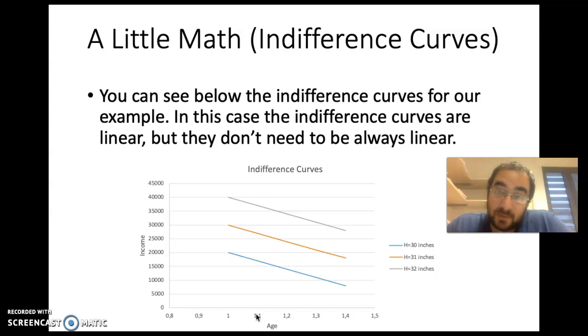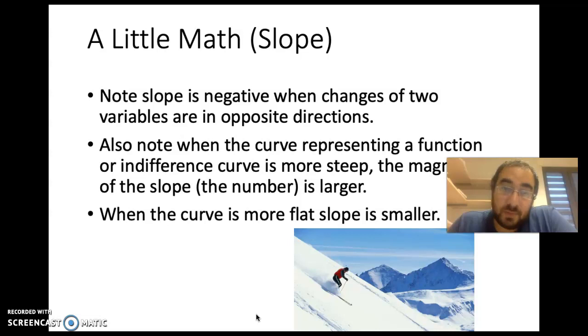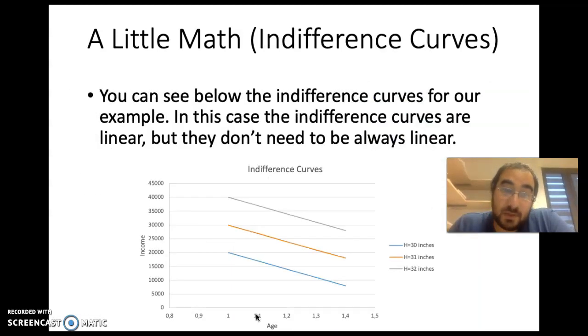So how much one variable should change to compensate for a 1 unit change of the other variable to keep our third variable, the variable we're interested in, constant. So that's what slope is. A curve is more flat when slope is smaller. In that case, in order to compensate a 1 unit change, you need a smaller change in the second variable that is represented by the height.